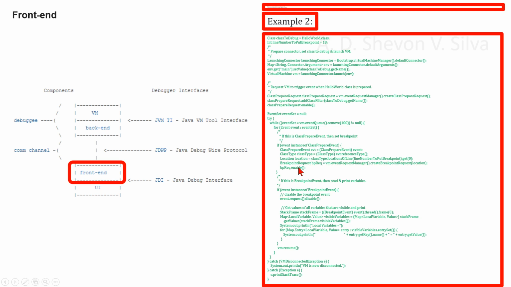If this is a breakpoint event, then read and print variables. Here, disable the breakpoint event and get the values of all variables that are visible and print them.